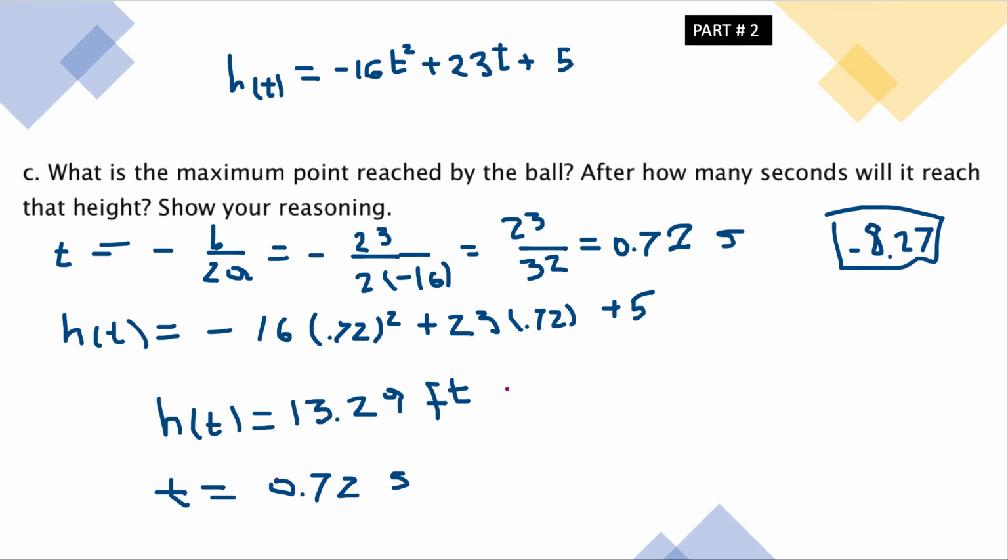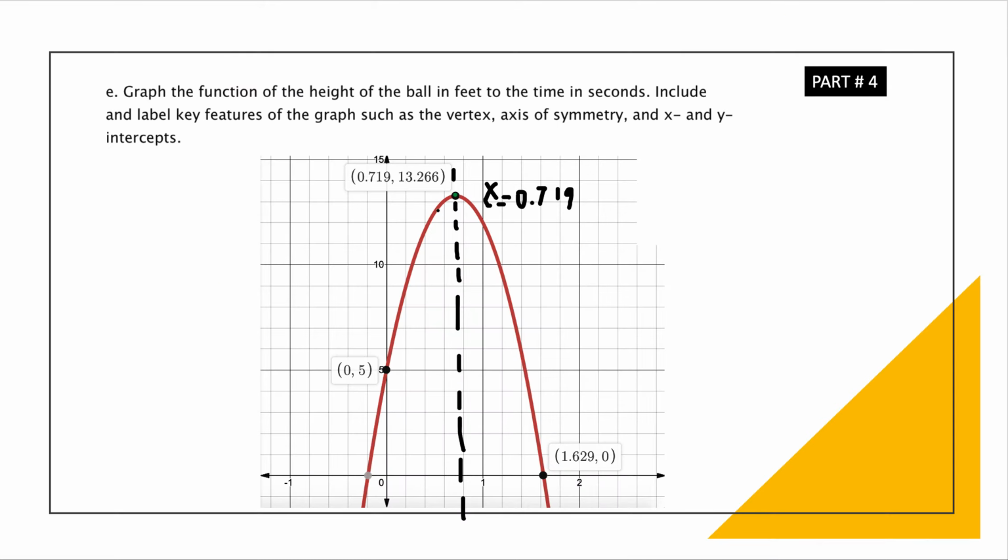It was 13.29 because when I rounded 0.719 to 0.72 and plugged it in to find the height, it gave us a slightly greater number. It is slightly different, but approximately the same.